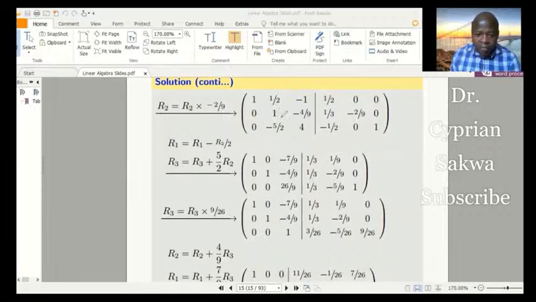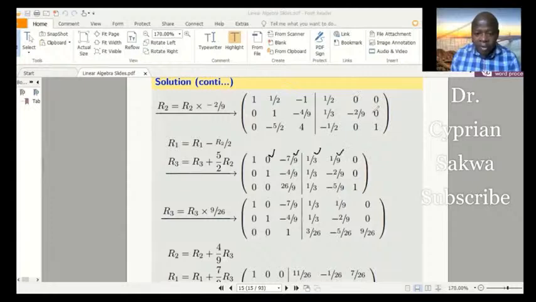A half of this subtracted from this a half gives me 0. A half of this subtracted from this negative 1 gives me negative 7 over 9. A half of 1 over 3 subtracted from a half gives me a third. And then a half of this subtracted from 0 gives me 1 over 9.